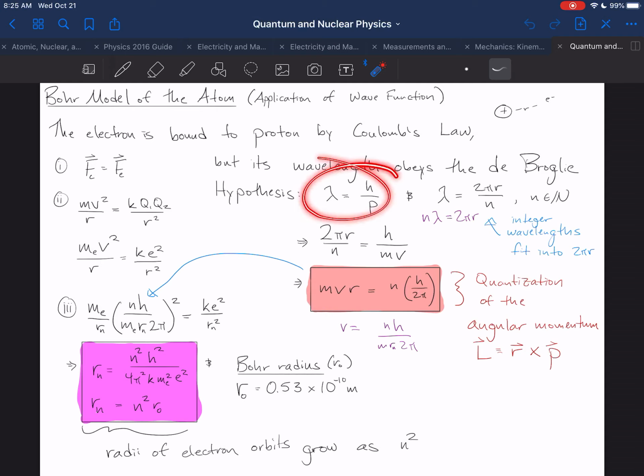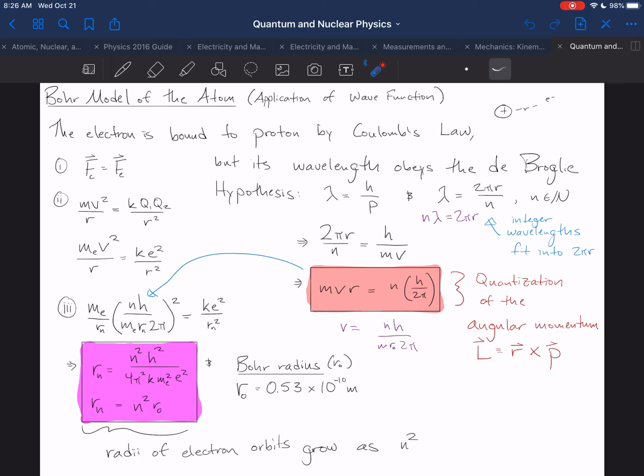And we're going to combine these two facts here, and we're going to derive that 2 pi r over n, equal to the wavelength, is equal to h over m times v. So we take these two quantum hypotheses and we relate the ultimate radius allowed for a given state indexed by n to h and the momentum itself.